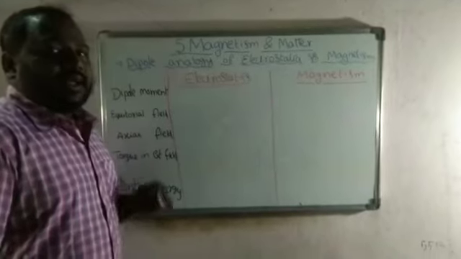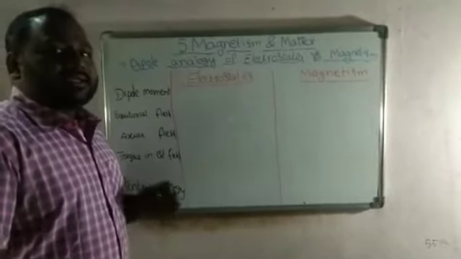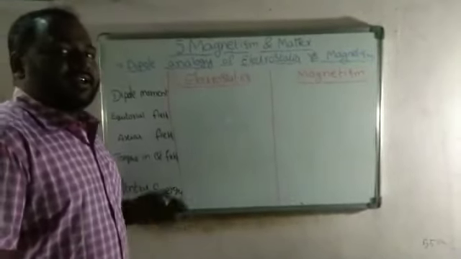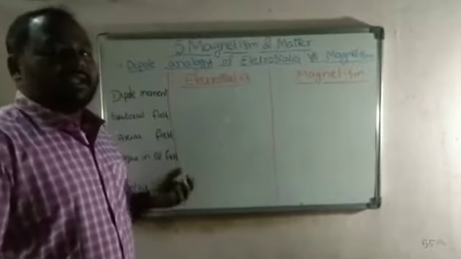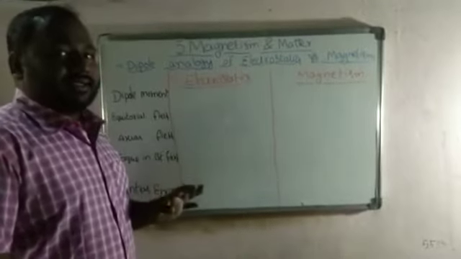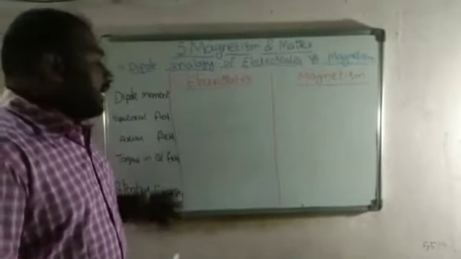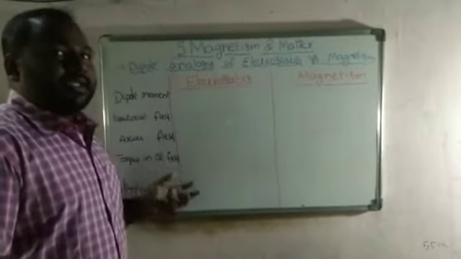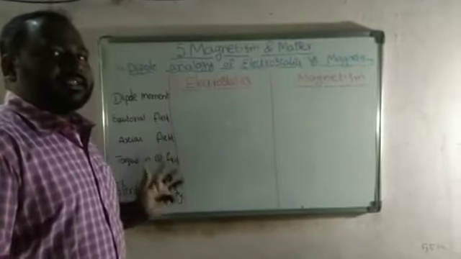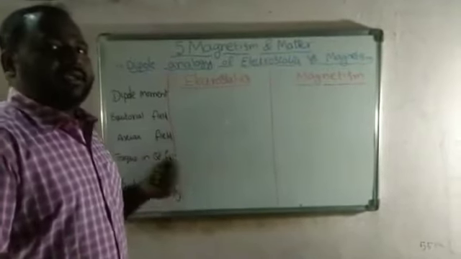In the last session, we discussed the torque acting on a dipole placed in a uniform magnetic field, and we derived a formula for the time period of oscillations of a compass needle placed in a uniform magnetic field.